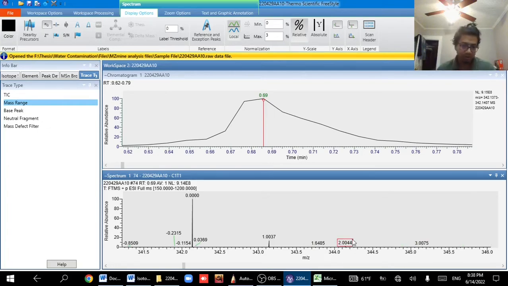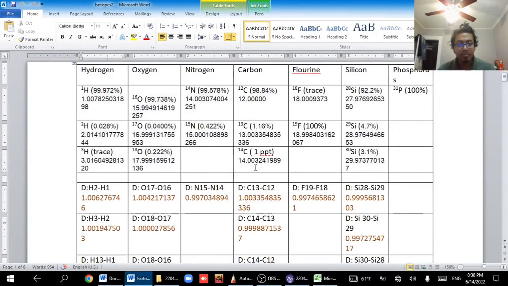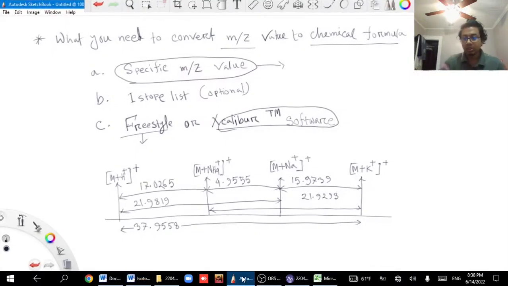So what next you need to do: okay, so oxygen 18, right? Here you can see that oxygen 18 has 0.22% natural abundance, and you got 1.85. Let me show you more correctly. You got a peak at 2.0044.